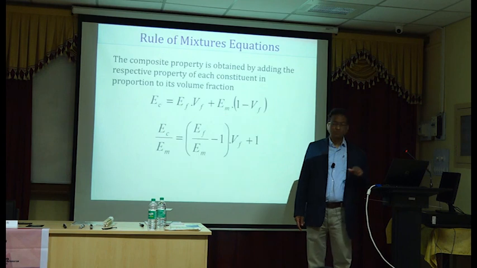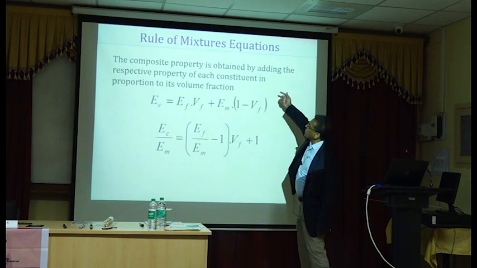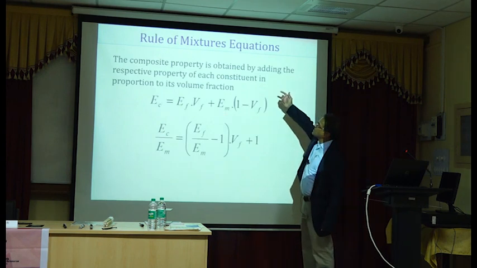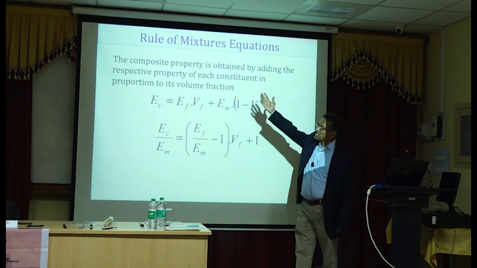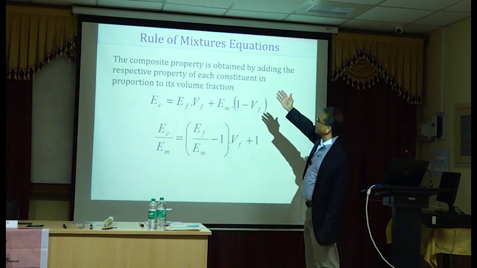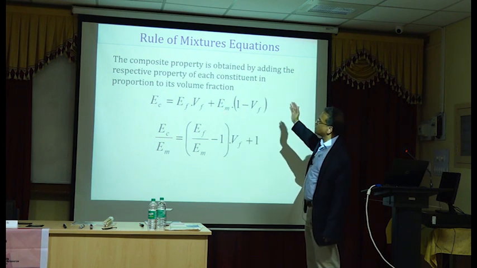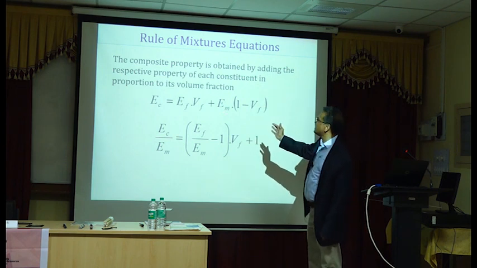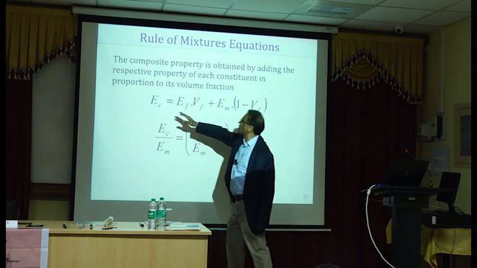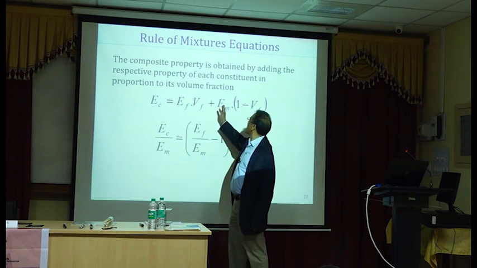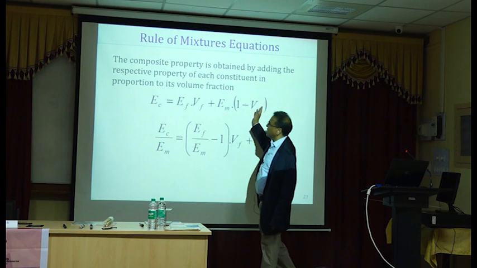Based on that, we have come up with this rule of mixtures, which just states that composite properties are obtained by adding respective properties of each constituent in proportion to its volume fraction. So EC equals EF VF plus EM times 1 minus VF.